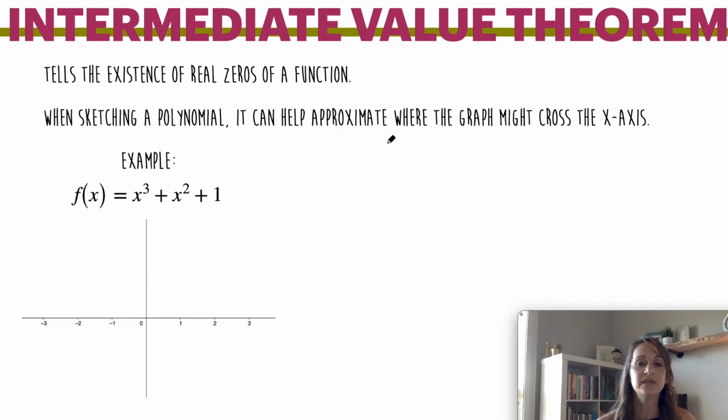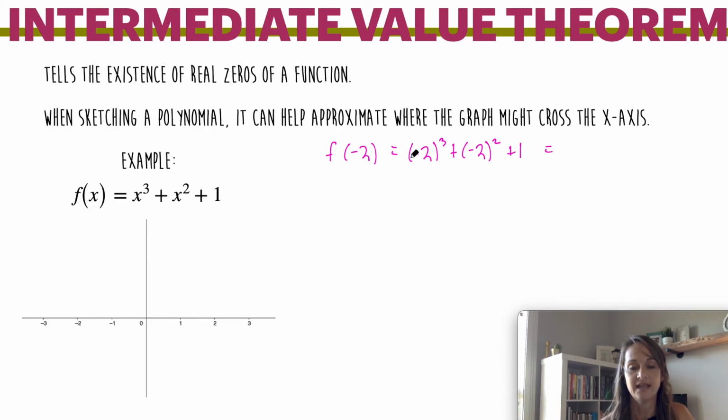Now there's an intermediate value theorem that states that there exists a 0 in between two values of x. For example, if I plug in -2 into this function, I'm just going to choose -2. I'll get -2 cubed plus -2 squared plus 1, which will give me -8 plus 4 plus 1, which is -3.